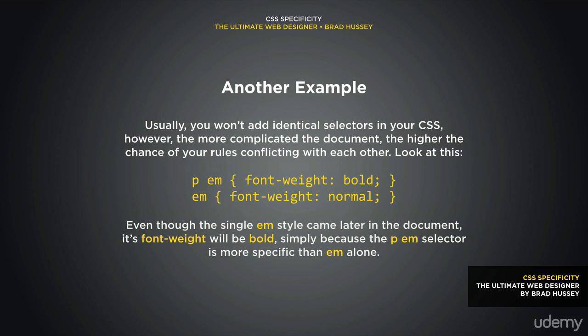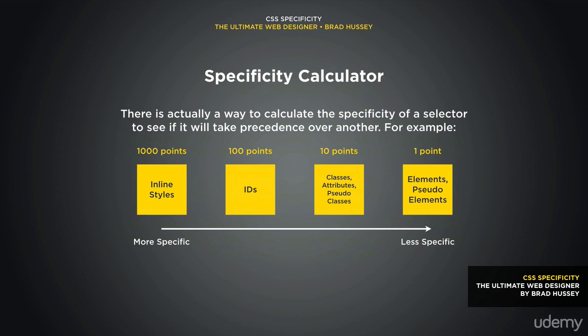And then after that, you're selecting an em tag and saying font weight normal. So what you think would happen is that the em would be font weight normal because it is further down in the style sheet. Even though the single em came later in the document, its font weight will be bold, simply because the p em selector is more specific than the em alone.